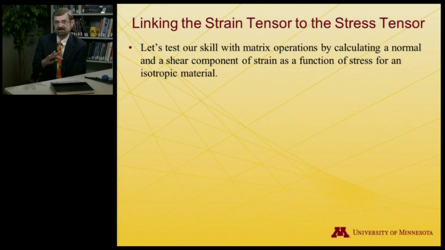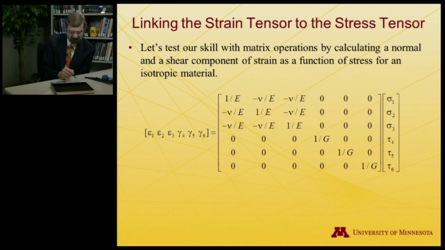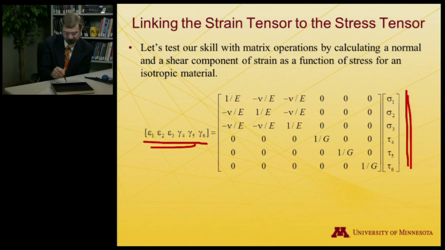And just as a practice, it's really useful to do one example of how you now use this 36 or 21 component stiffness tensor or compliance tensor to link stress and strain. So here we are. We're going to calculate components of the strain vector, or strain tensor, in terms of components of the stress tensor. And the piece that sits in between is called the compliance tensor.